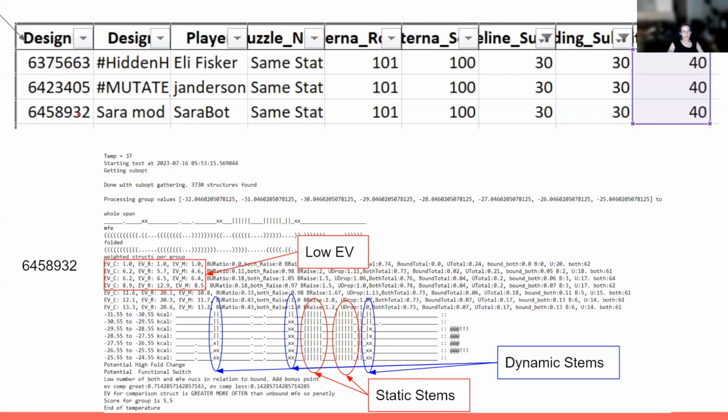This scored 100. EV is down to 1 in the 1 kcal group. That probably means that from 0 to 1 kcal, it just had the MFE only there. And when you get up further, you get 4, 6, 8. You're still sub 10, even up to 20, like 1, 2, 3. Yeah, you're at 4 kcal delta, and you're still a low EV.